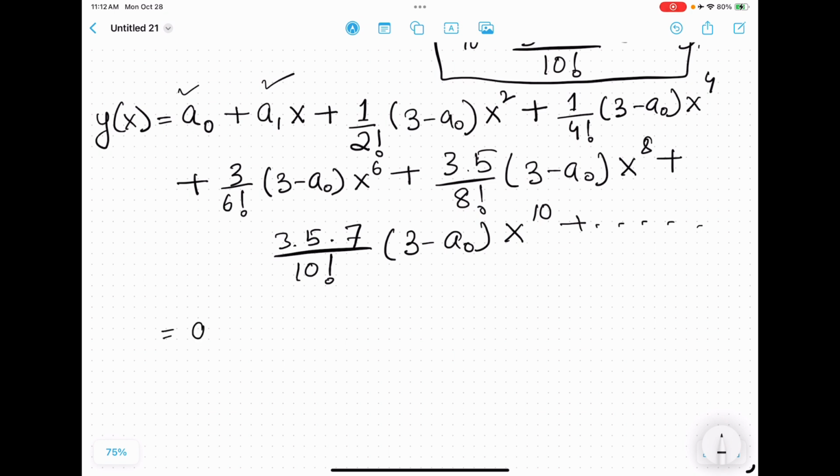So just further simplifying it. Again, this is not mandatory for you guys to do it, but if you want to do it, you're more than welcome to do that. So I'm going to just take the 3 minus a sub 0 as common.